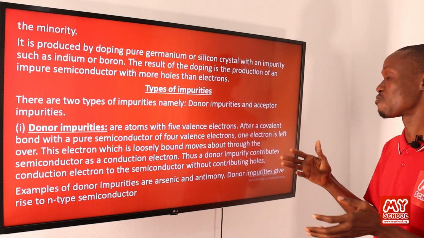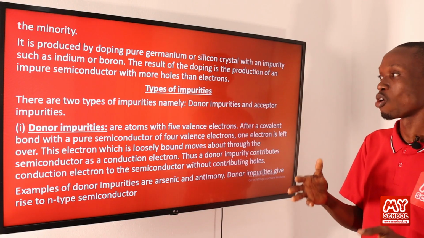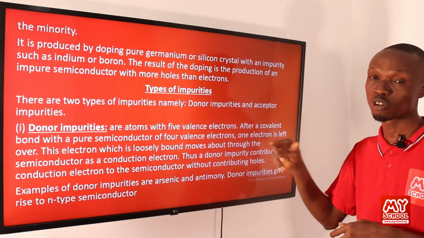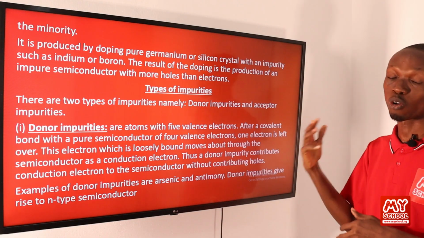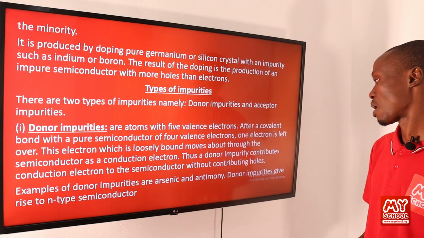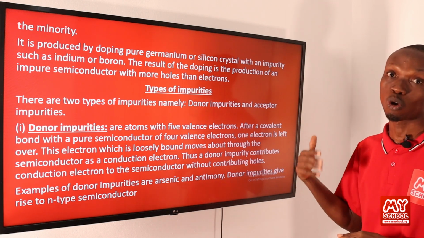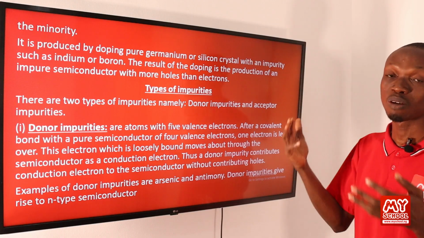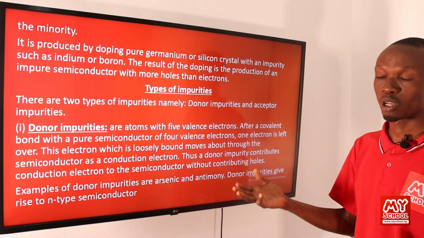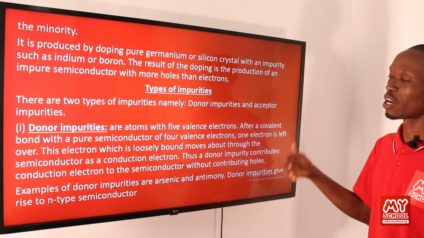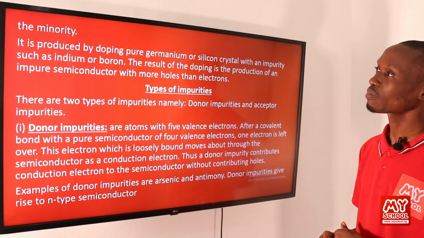So once they finish the covalent bonding with the semiconductor material, 1 electron will be left, and that electron is free to move about as the conduction electron, okay? Donor impurities give rise to N-type semiconductors. Why? Because they simply contribute electrons when you use them to dope a pure semiconductor, okay? So let's move to the next slide.